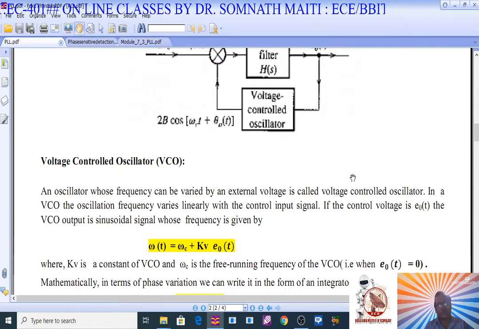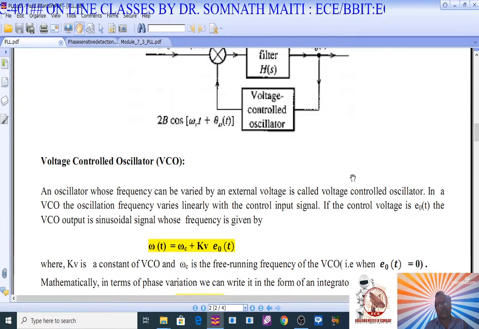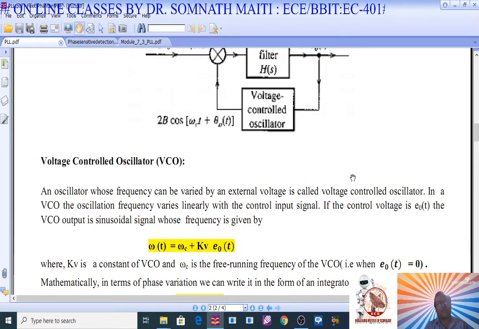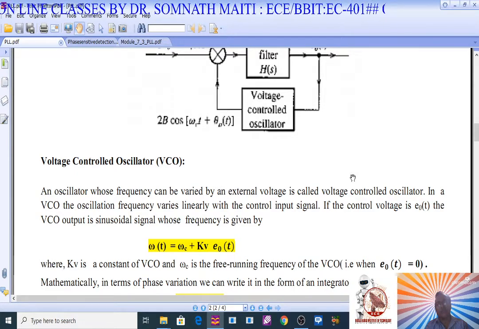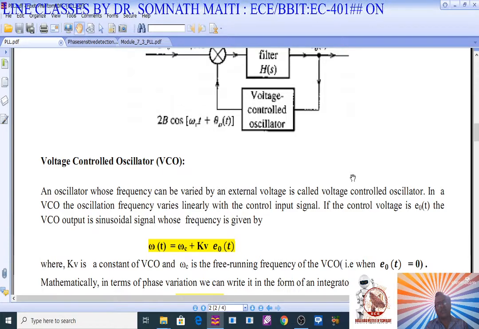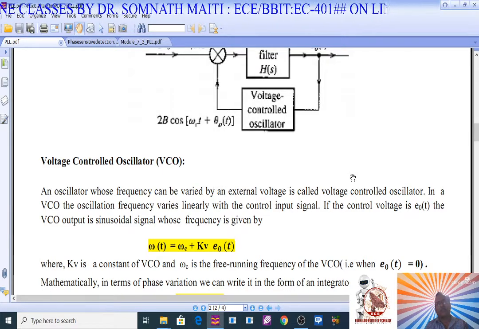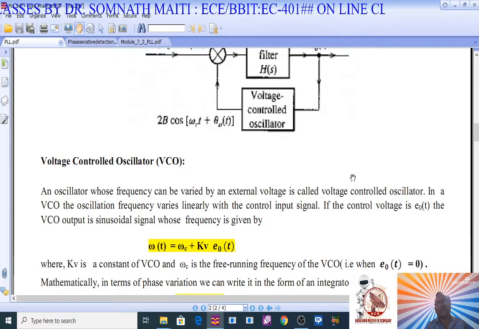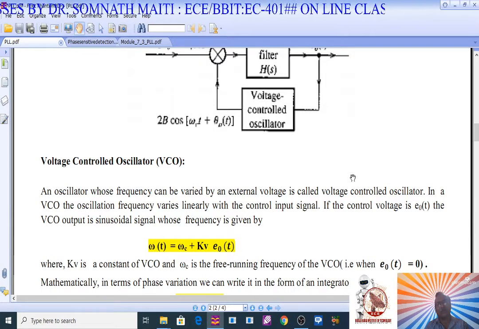But in case of a voltage control oscillator, you can vary the frequency not by varying its parameter, but by varying a control voltage. So its output is a sinusoid, input is a DC. Whereas in case of an oscillator, there is no control input.